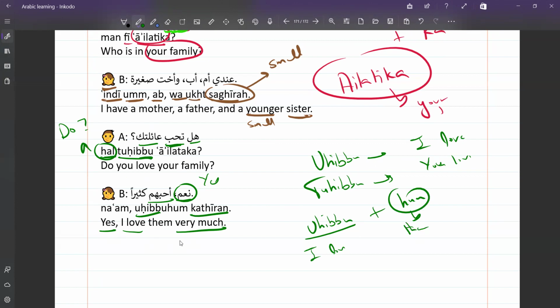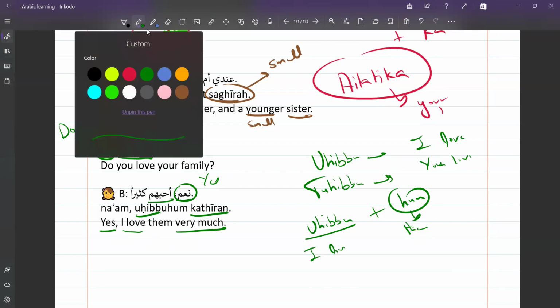So the person B says, naam uhibbuhum kathiran. Understood? So this is how we use the family words in Arabic in sentences.